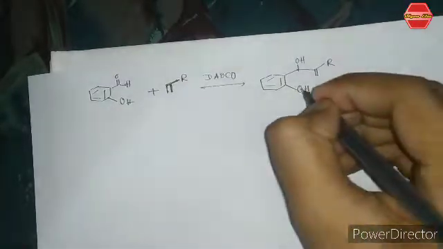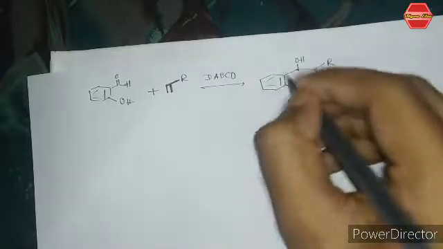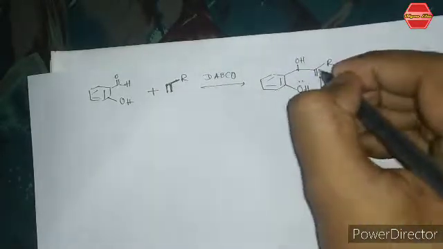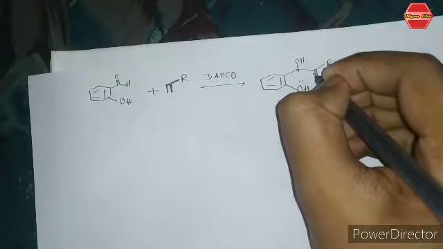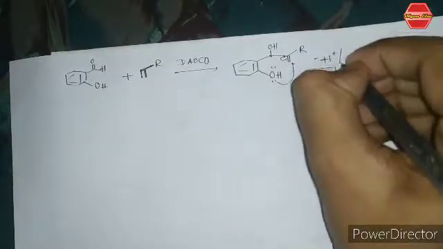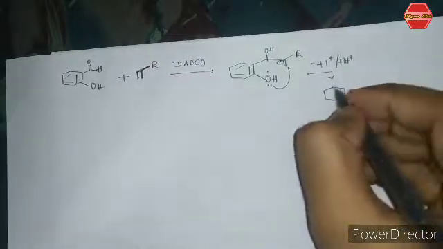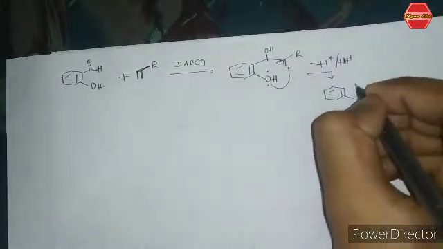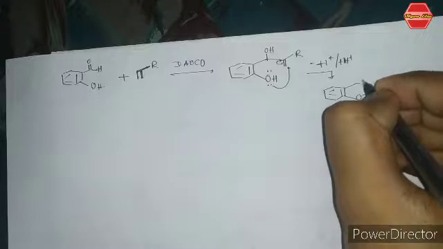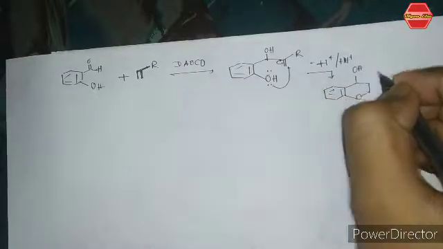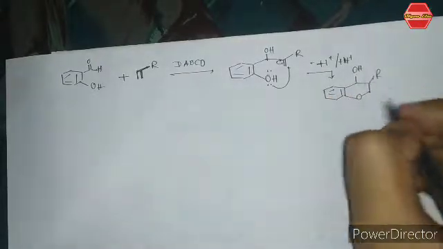Now after that, there is a possibility that this adjacent oxygen atom will attack on this system, and these bonds will go over here. It is a minus of H plus and plus of H plus. We know what will be our product. Our product looks like OH, this is your R. Okay, so that is our product.